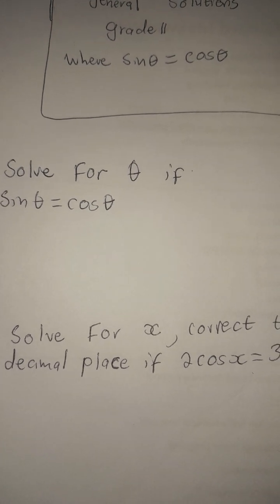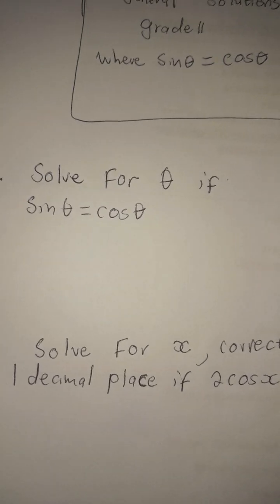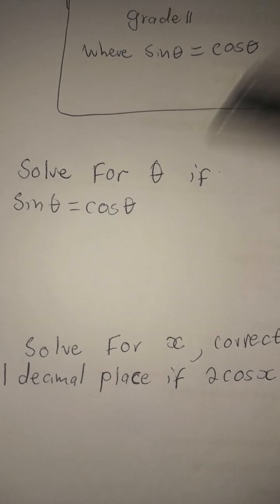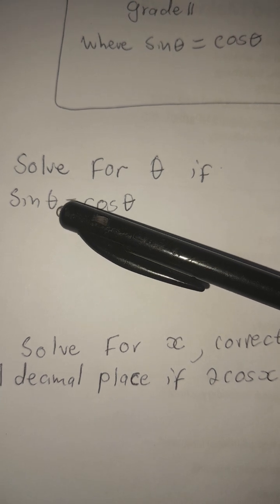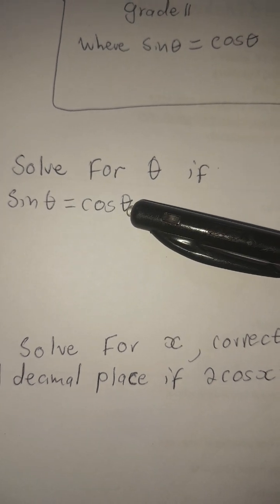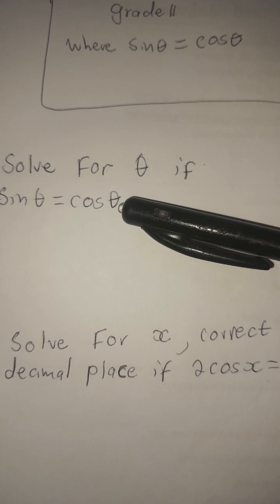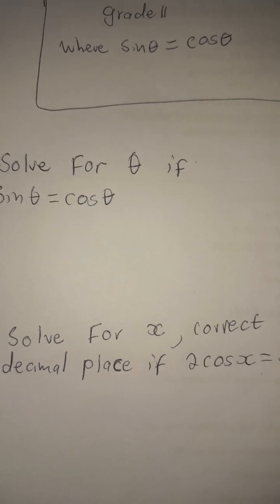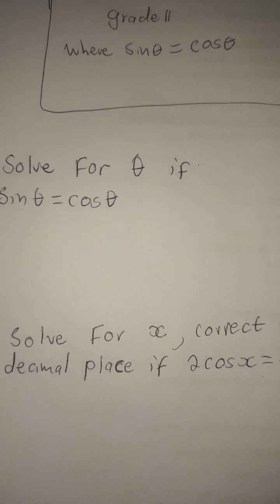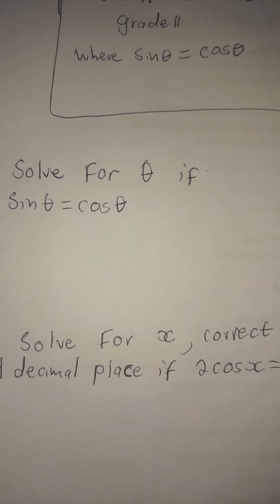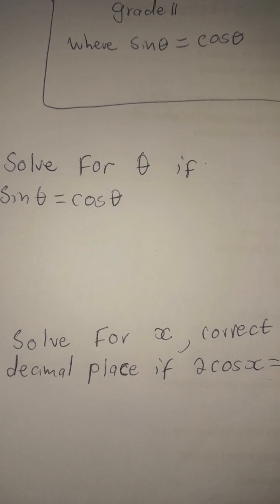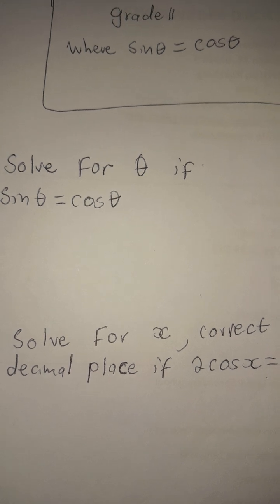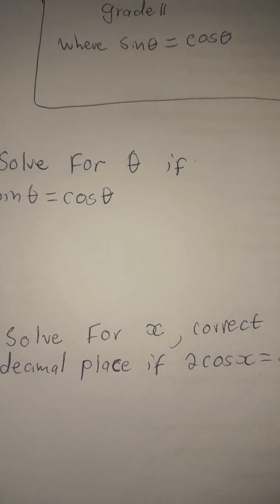You divide when the angles are the same. You must look at the angle of sine, it's theta, and the angle of cos is also theta. So that indicates that we need to divide. What are we going to divide? Are we going to divide by sine, or by cos? That will be the question.